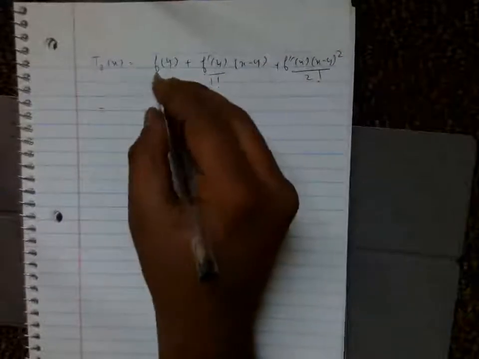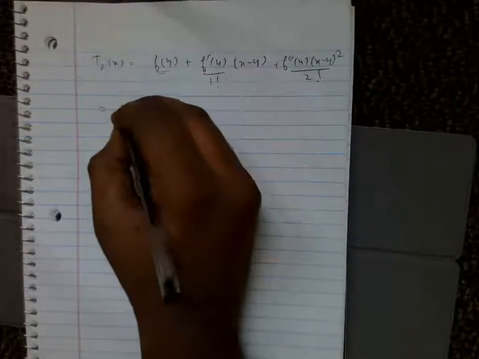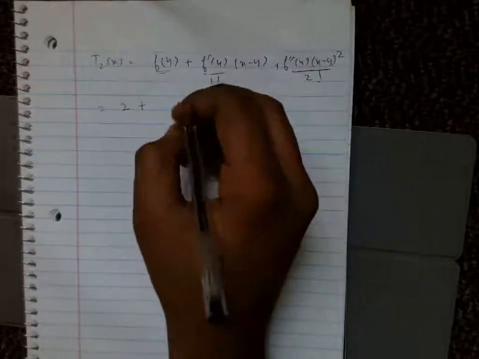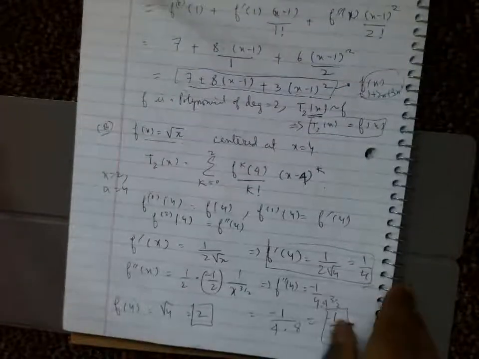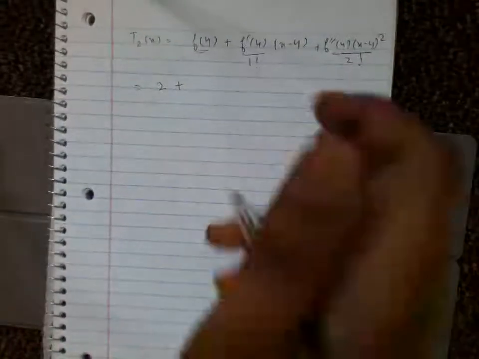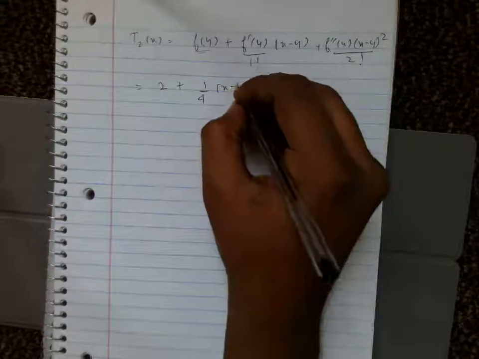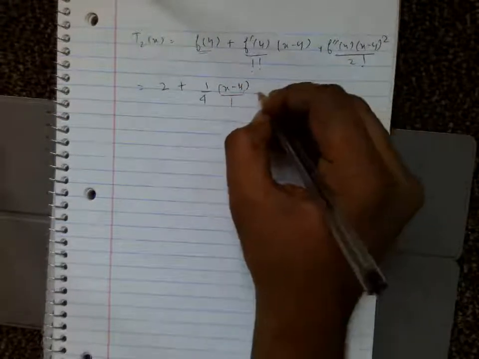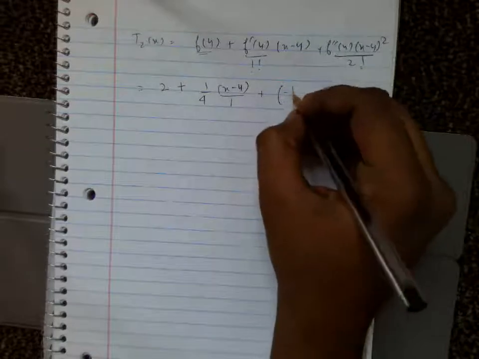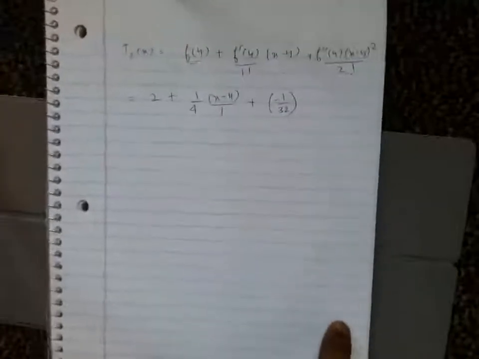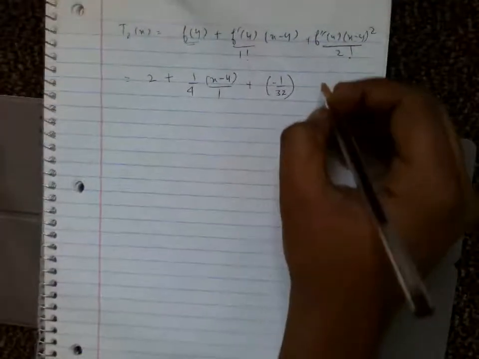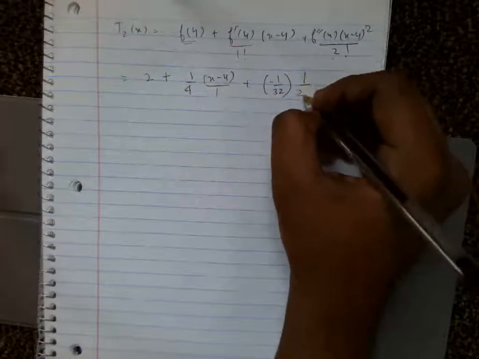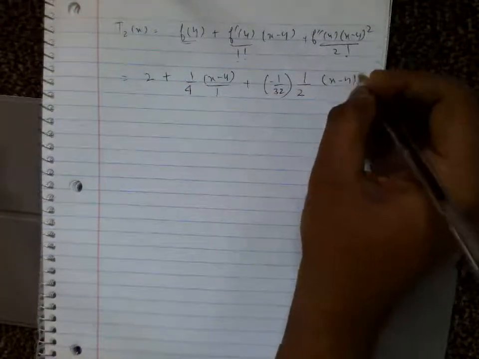So this is equal to, we found out the value of f of 4 is 2, plus f prime of 4 is 1 by 4 times (x minus 4). 1 factorial is just 1, plus f double prime 4 was found to be minus 1 by 32, divided by 2 factorial, which is just 2, times (x minus 4) whole squared.